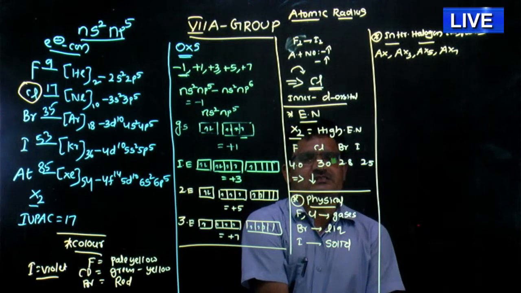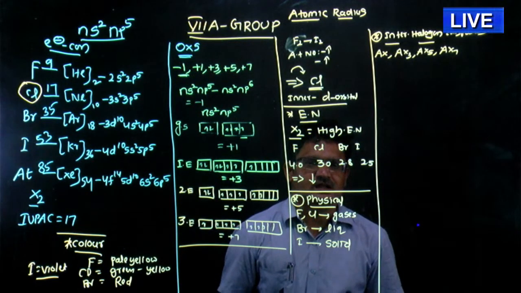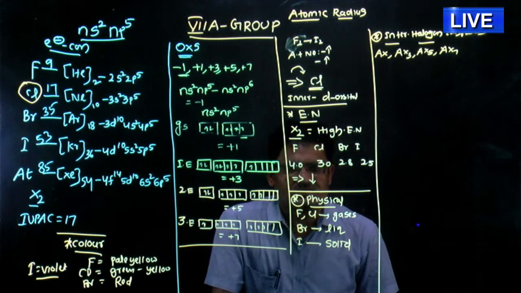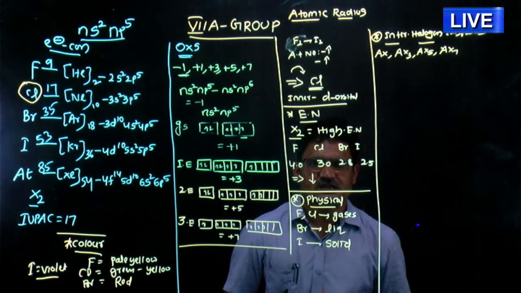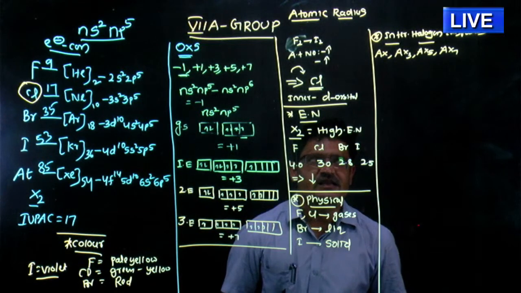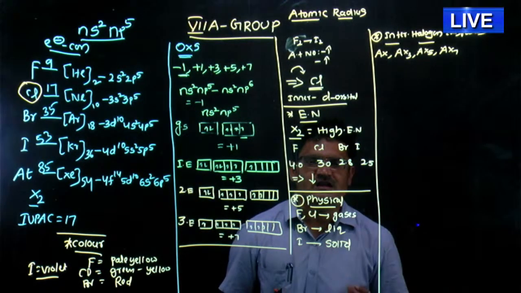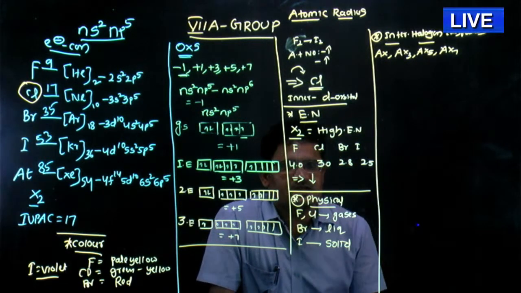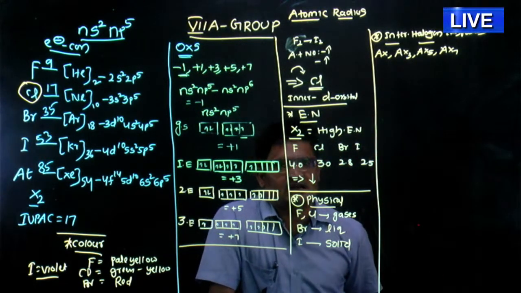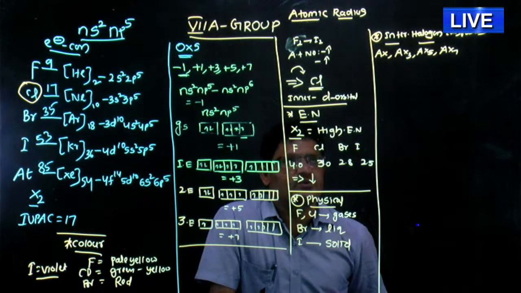What is the meaning of interhalogen compound? When two halogen atoms react with each other, the products are called interhalogen compounds.